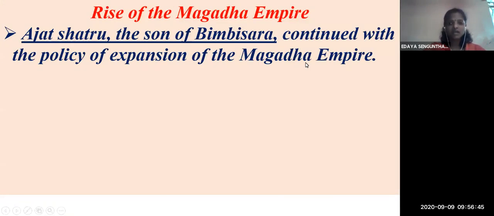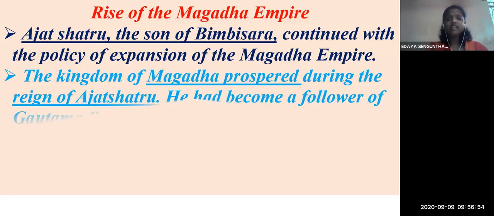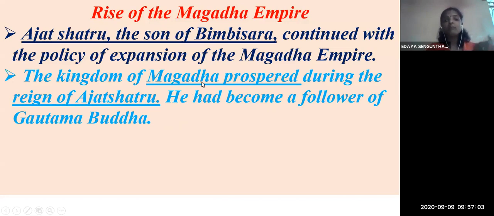After King Bimbisara, Ajatashatru also followed his father's footprints, and he expanded the Magadha Empire. The kingdom of Magadha prospered during the reign of Ajatashatru. In his period, Magadha kingdom prospered, meaning it became famous. He had become a follower of Gautam Buddha, as his father was.